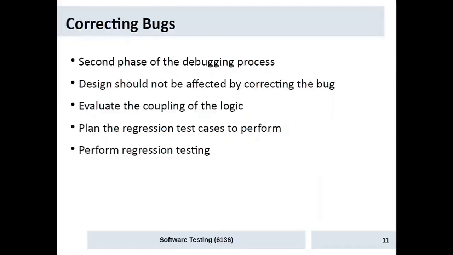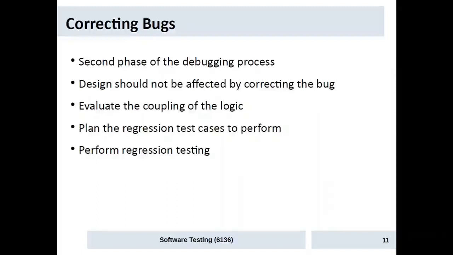So we need to be very careful making changes in the program, and it should not affect the functionality of the program. So the design should not be affected by correcting the bug.